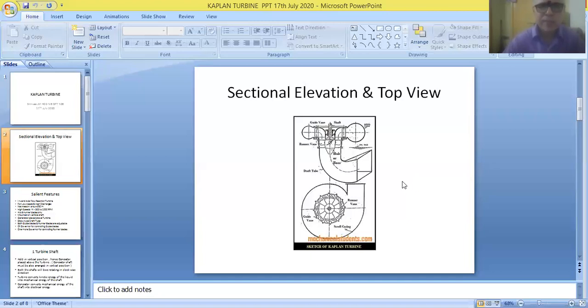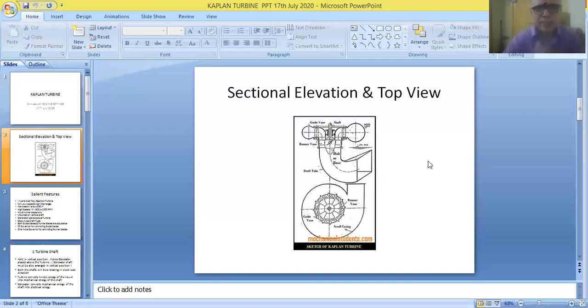So always the exit or outlet of the draft tube must be well below the level of water in the tail race reservoir. It's called the tail water level. So always the exit of the draft tube must be at least 1 meter below the level of water present in the tail race reservoir.